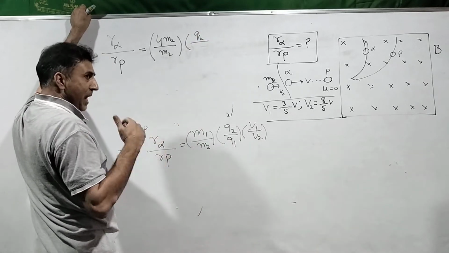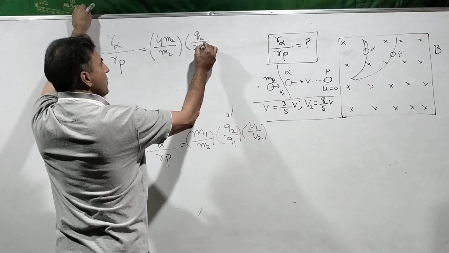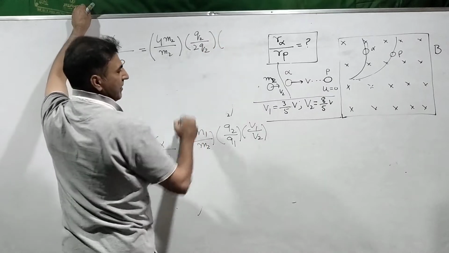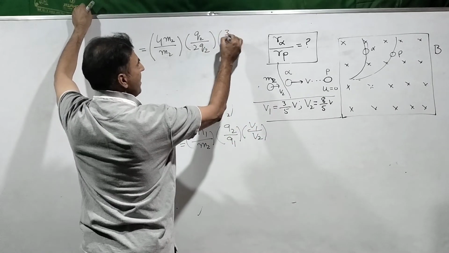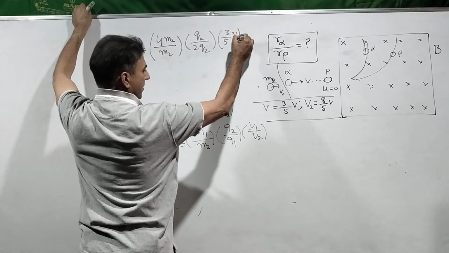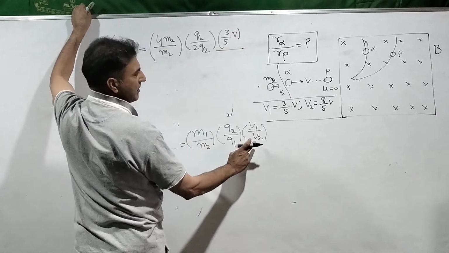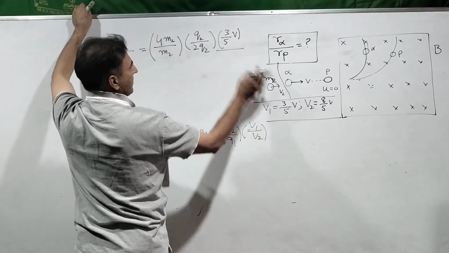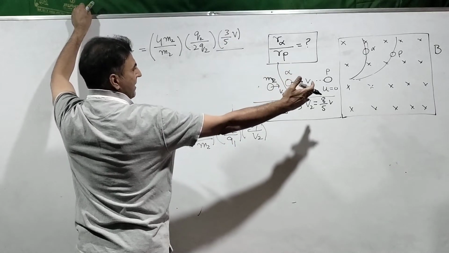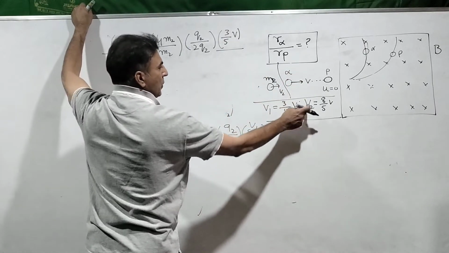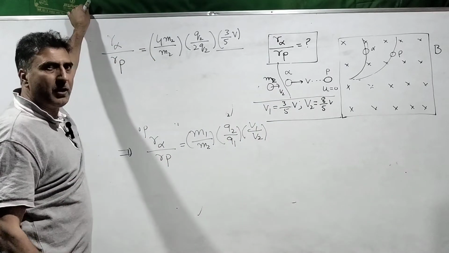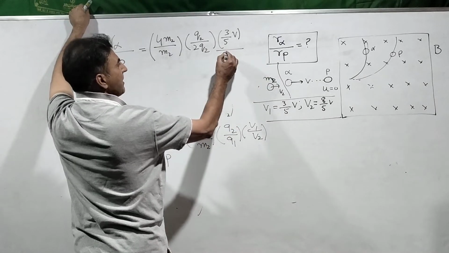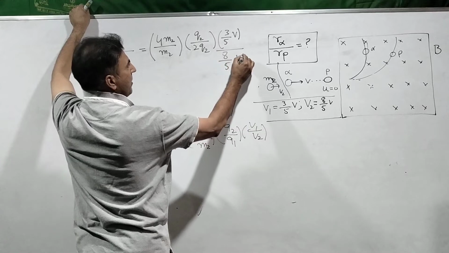But it's q1, that is the charge of the alpha particle, that is 2 times the charge of the proton, because q2 stands for proton. What is v1? v1 is the velocity of the alpha particle, that is 3 by 5 v after it enters the magnetic field. So how much is v2? v2 is the velocity of the proton after it enters the magnetic field, that is 8 by 5 v.